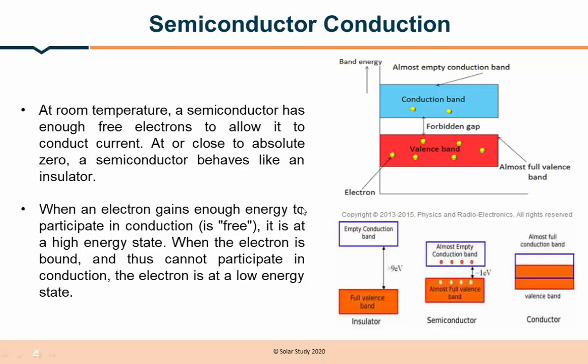When some amount of photon energy or temperature is incident on this electron, it starts jumping from lower energy to higher energy. You can see, while temperature is incident, it jumps from the valence band to the conduction band.